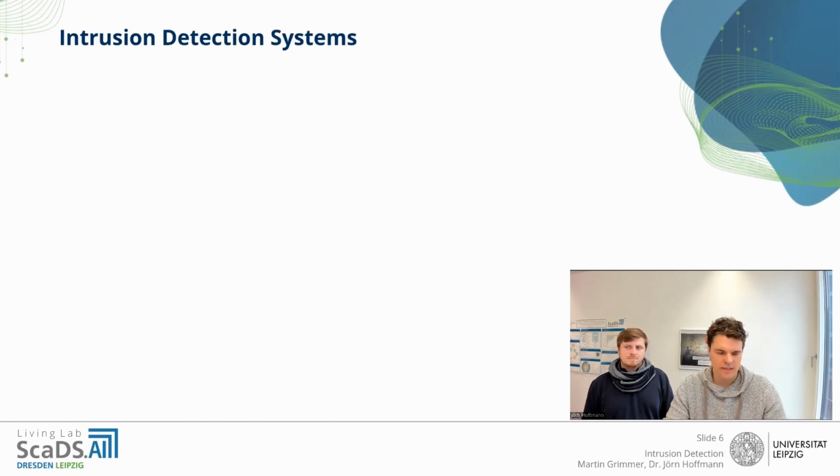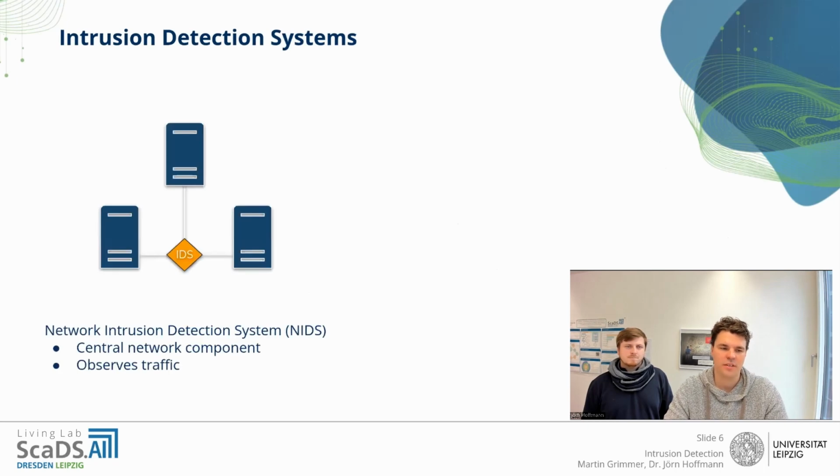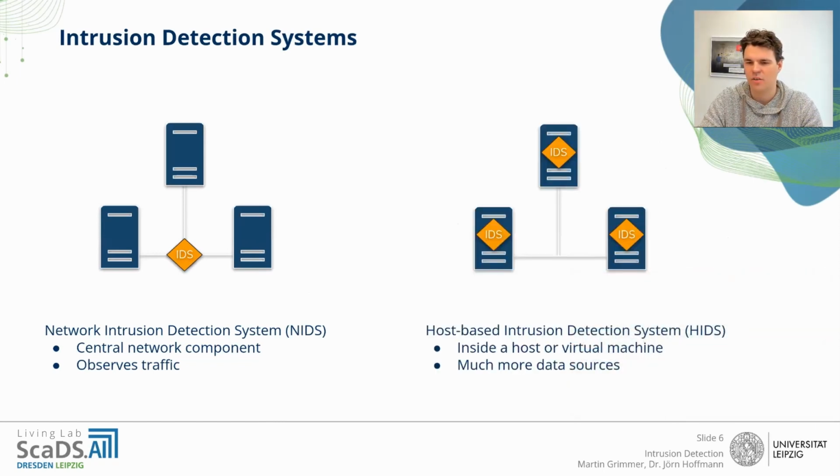Nowadays, there are different kinds of intrusion detection systems established. One is the network intrusion detection system, which is a centralized system in a network component like a router or a switch or a bridge, and it observes the network packets, the network traffic between the computer systems. On the other hand, we have the host-based intrusion detection system, our HIDS.